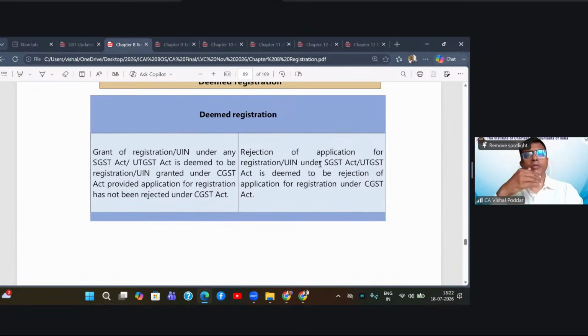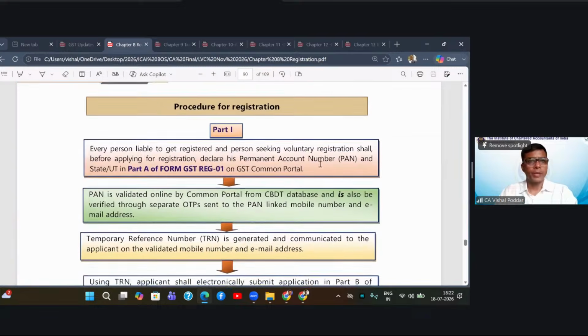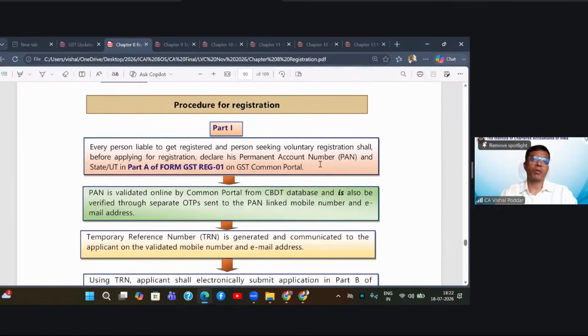Now, once you have taken registration under one act, you are deemed to be registered under all the acts. Similarly, if your application under one act is rejected, you are deemed to be rejected for all the acts. Fine. So that is the deeming provision.